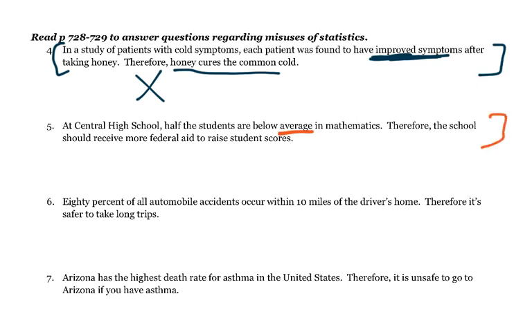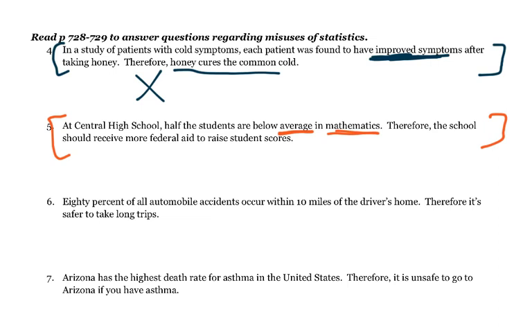We have to have all the information. So this one is missing a lot of information about, also, is it their grade in their class? Is it their score on a standardized test? It doesn't clearly state what the standard is or what the average in mathematics is actually referring to. So there's a lot of missing information in this example, which could lead us to make decisions about things that might not be accurate.